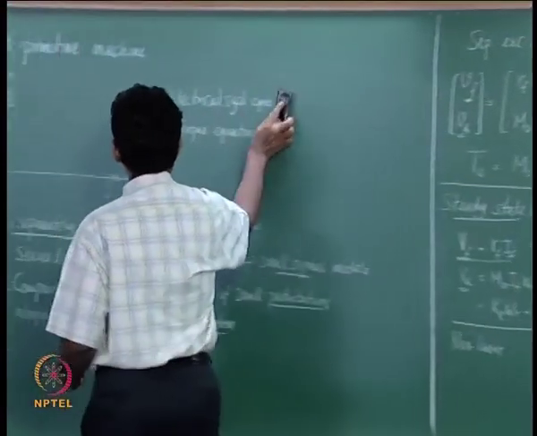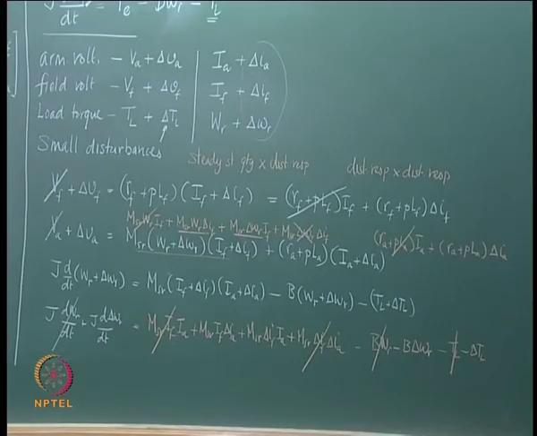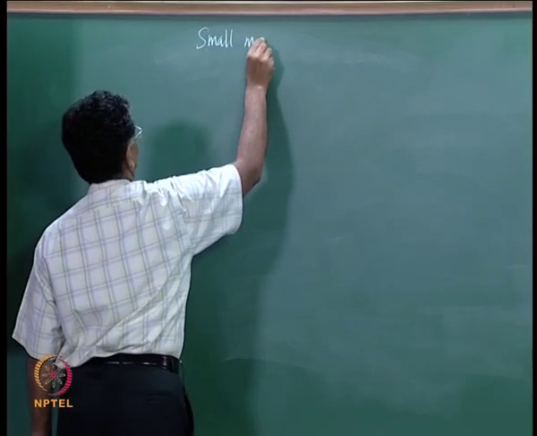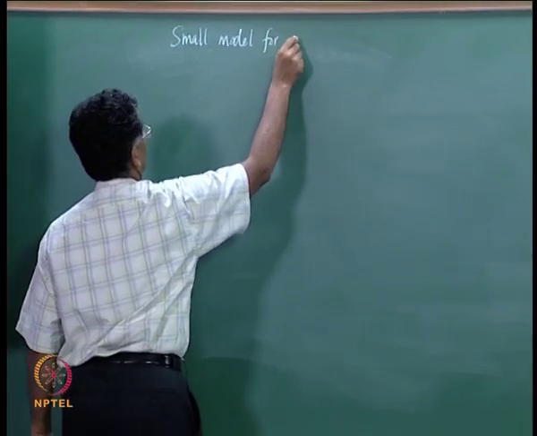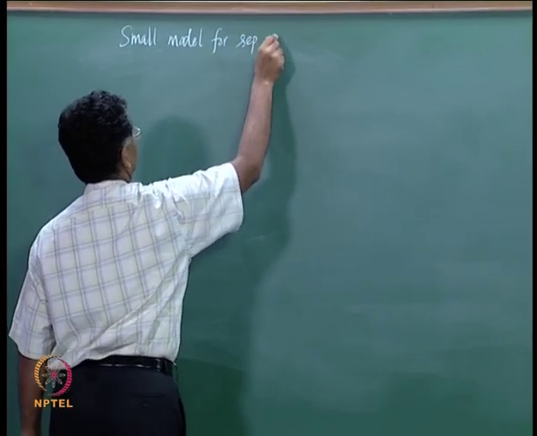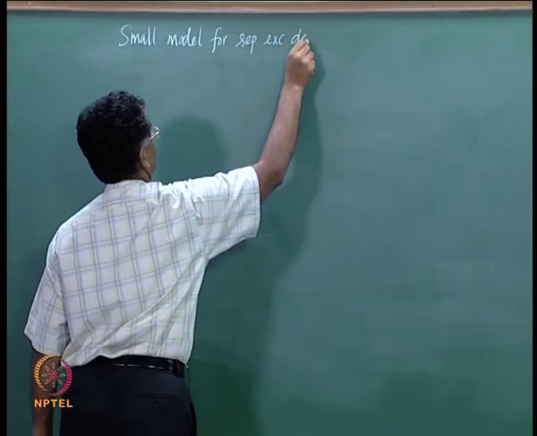Therefore, now what we have is a model for the small signal machine, the small signal model for a separately excited DC machine.